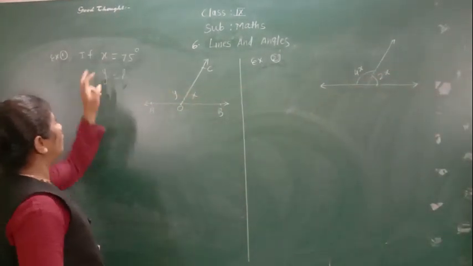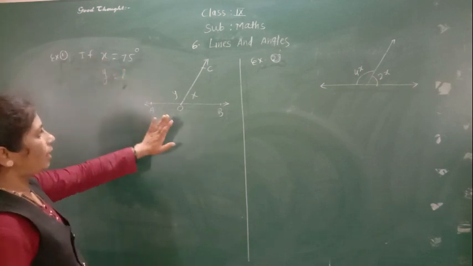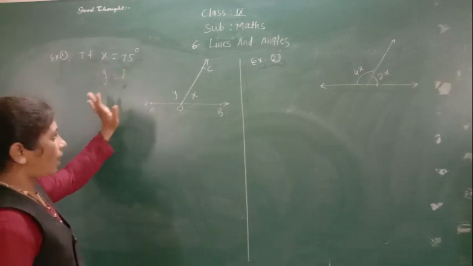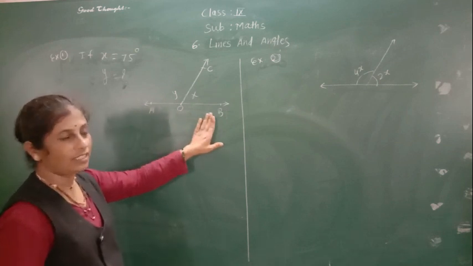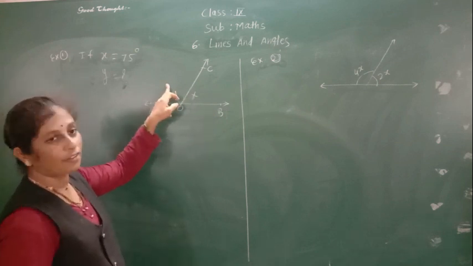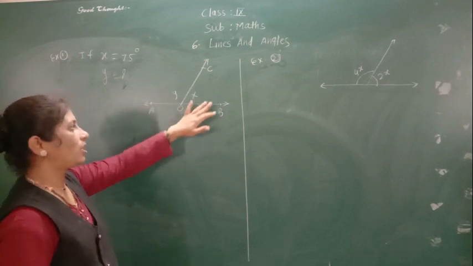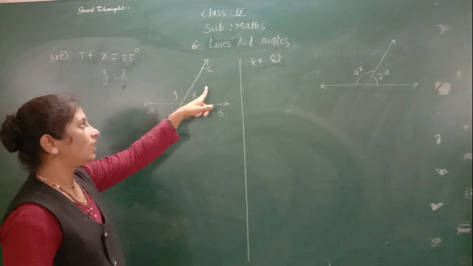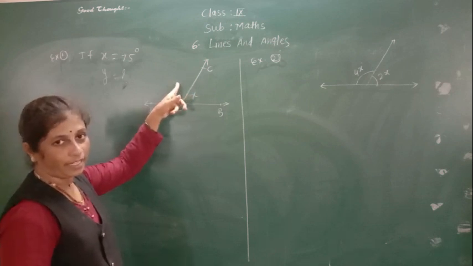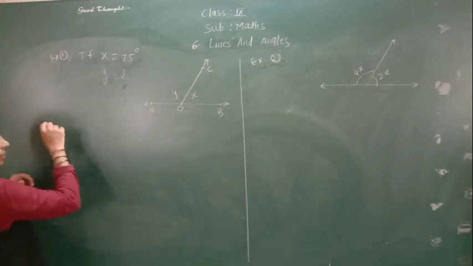Now example, if x equals 75 degrees and we have to find y. Suppose AOB is a straight line and these two angles x and y are forming a linear pair. Then what is the sum of these two angles? The sum is 180 degrees if x and y are linear pair angles.